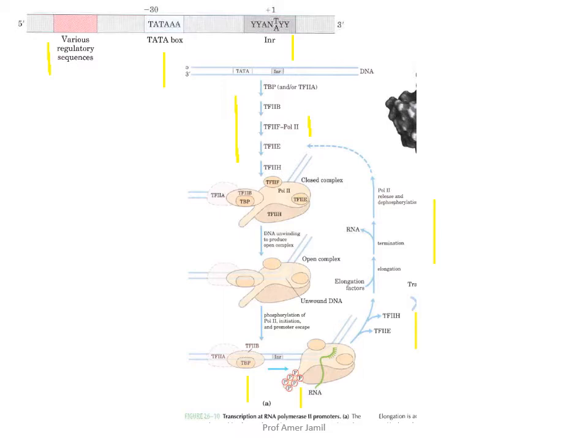So this is the hierarchy, or the sequence, of the general transcription factors.